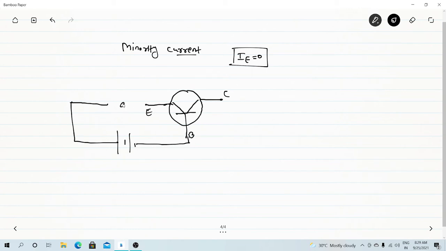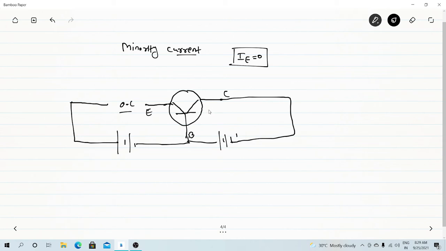This is connected to negative, positive. So this is basically a typical PNP transistor, already I told you.